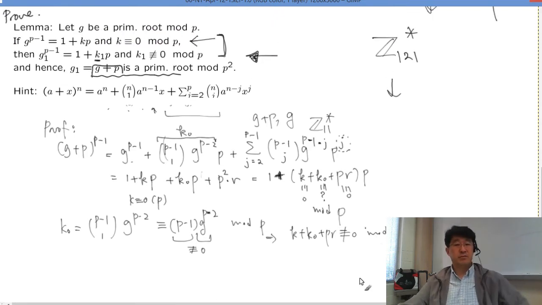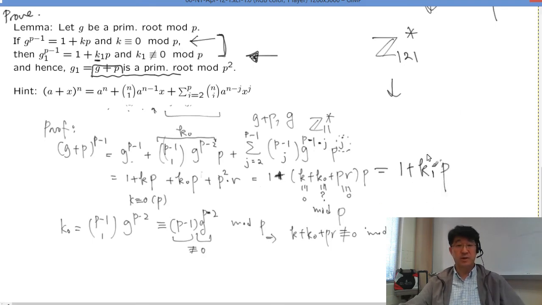All right, we're here. What does that mean? g plus p raised to the pth power is organized in here like this: 1 plus, I'm going to write k1 now, k1 p in there, that's not 0 mod p, right? So this g plus p had that property.